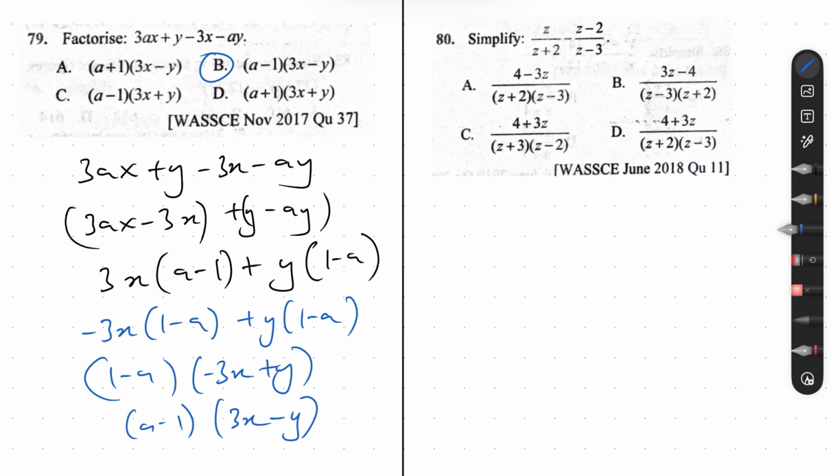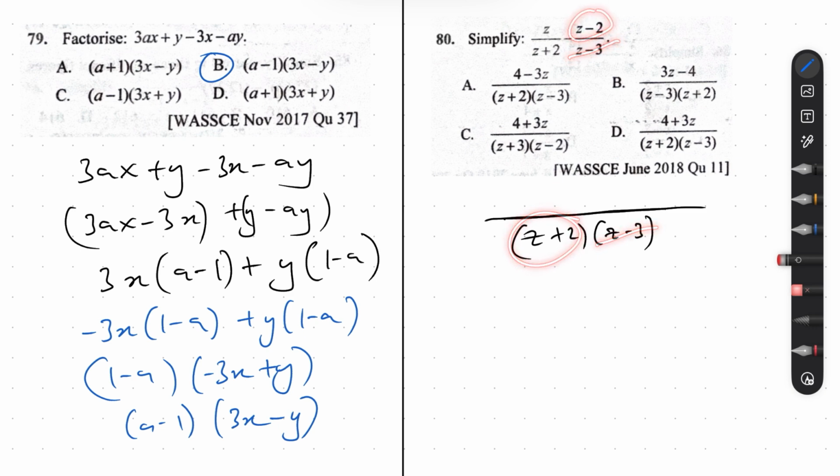Let's go to question number 80. It says simplify this expression. So you can find the LCM. The LCM is what? z plus 2, z minus 3. Okay, so if you continue, z plus 2 cancels this, so this will multiply z, and then z minus 3 cancels this, so this multiplies this.